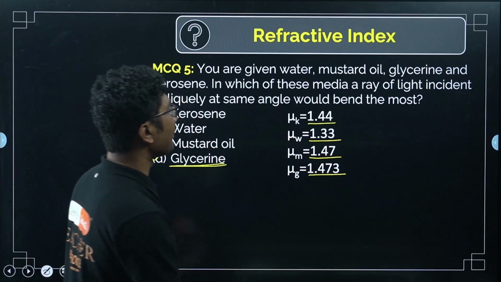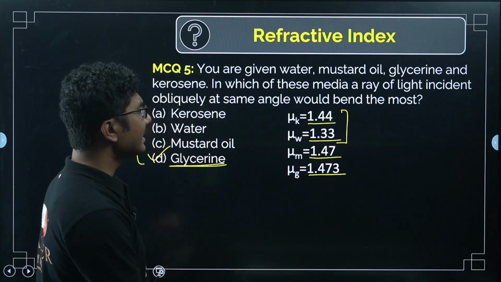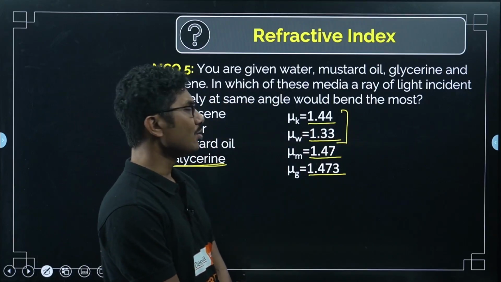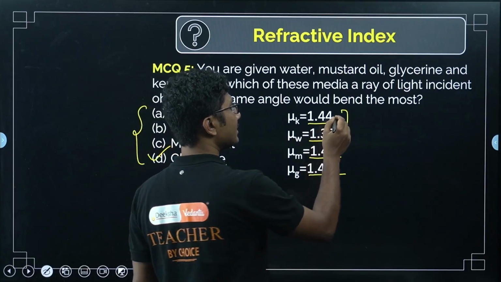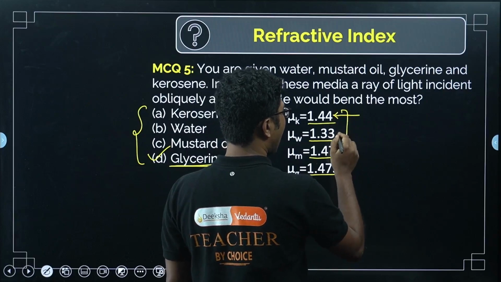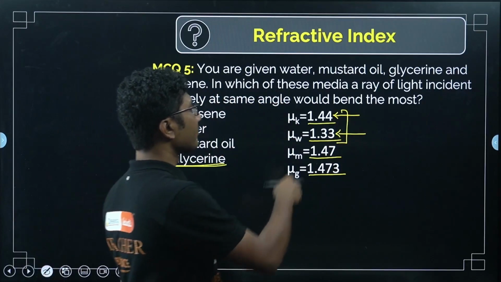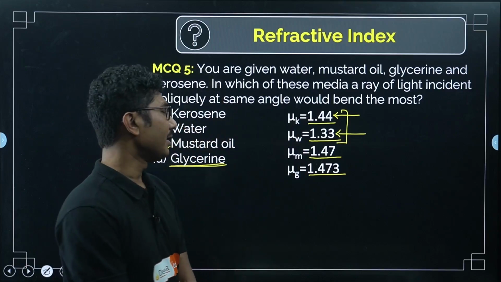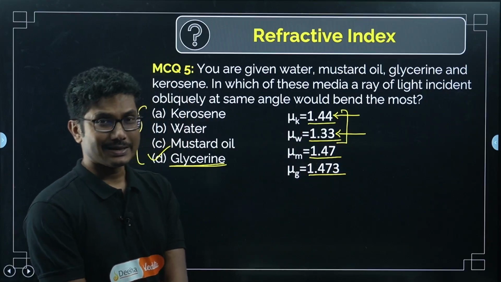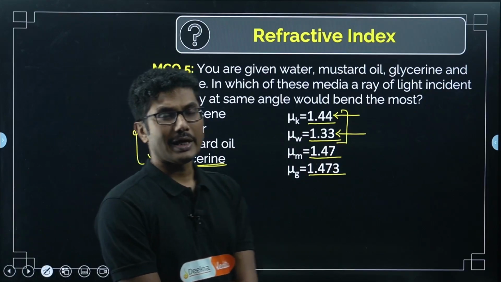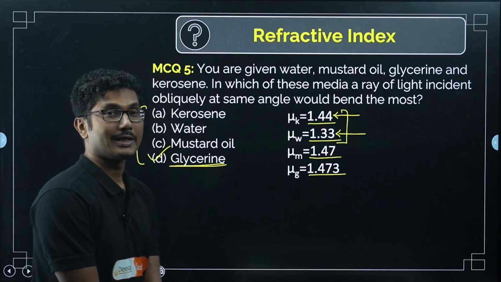Now there is one example, kerosene and water. Okay, kerosene is optically denser than water because as you can see, kerosene has 1.44 and water has 1.33. But the density of kerosene is much lesser compared to water. So even though kerosene is optically denser than water, the mass density of water is greater than kerosene.